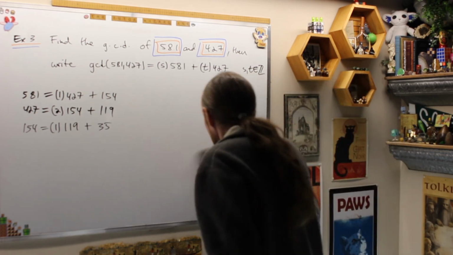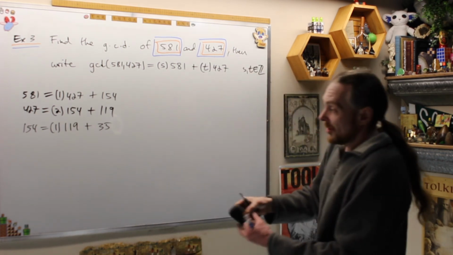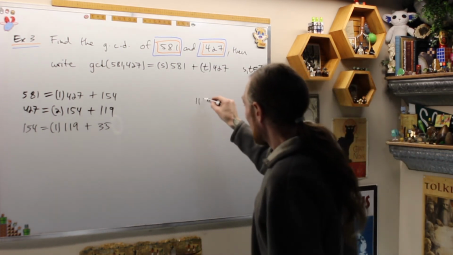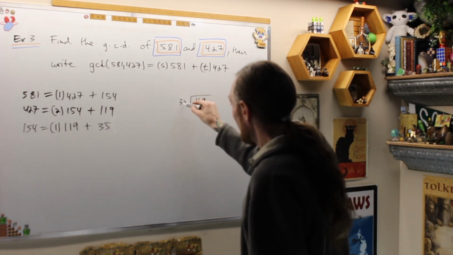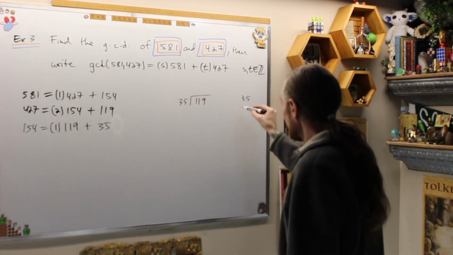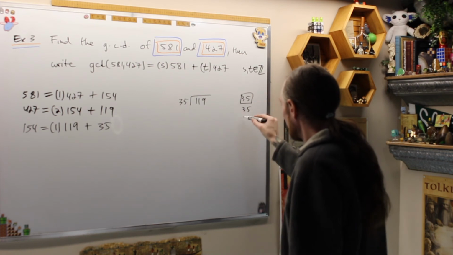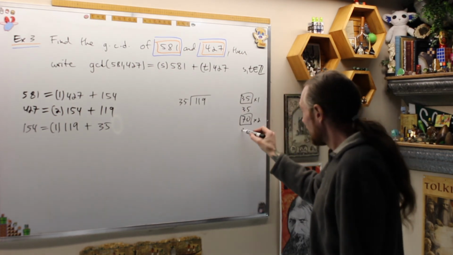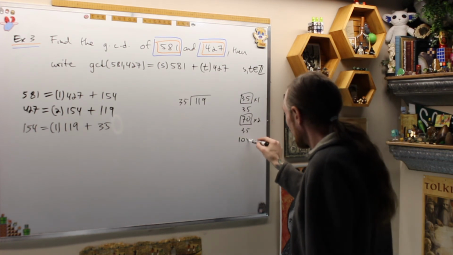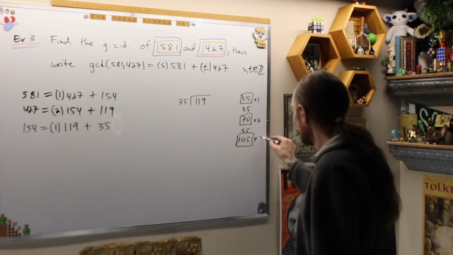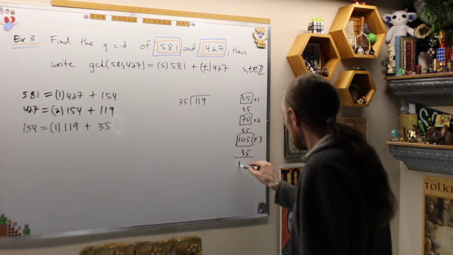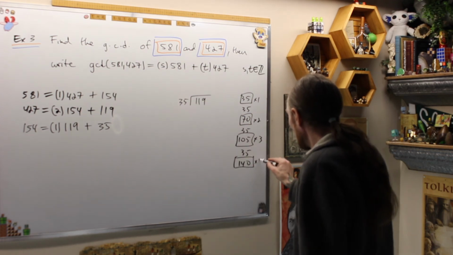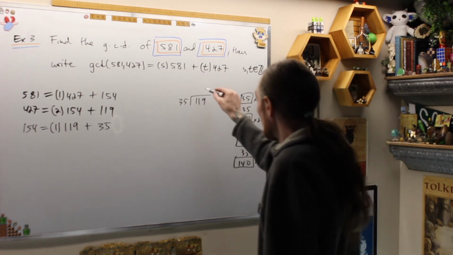Now what we're going to have to do is long divide the 35. Again, you can just get rid of these as you go. We don't need these. Now I have 119, and I have to divide it by 35. So 35 plus 35 is 70, times 2. I'm listing the multiples. 35 is going to give me 105 times 3. Then 35 will give me 140, which will be too much. So this is going to be 3.